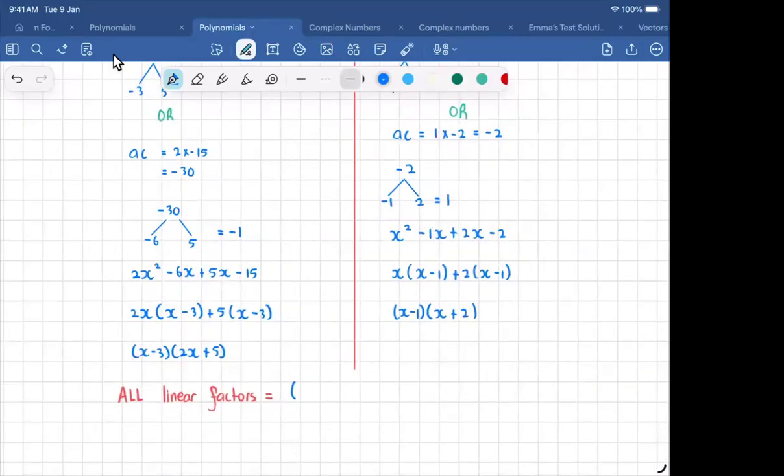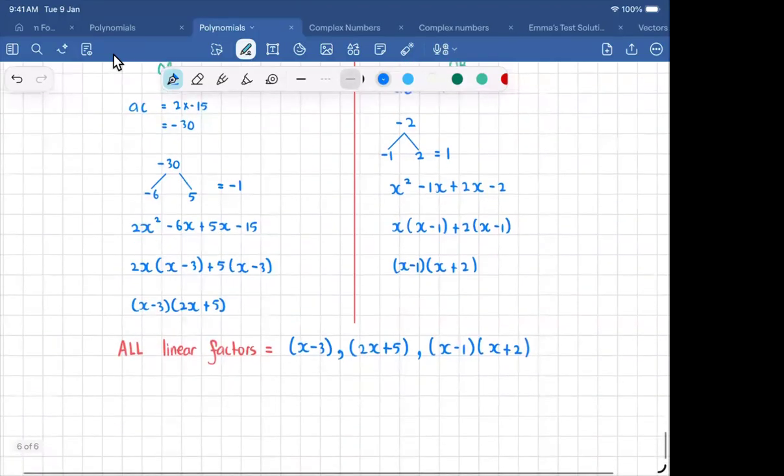Serena? It would be x minus 3, comma, open brackets 2x plus 5, close brackets, comma, x minus 1 and x plus 2.